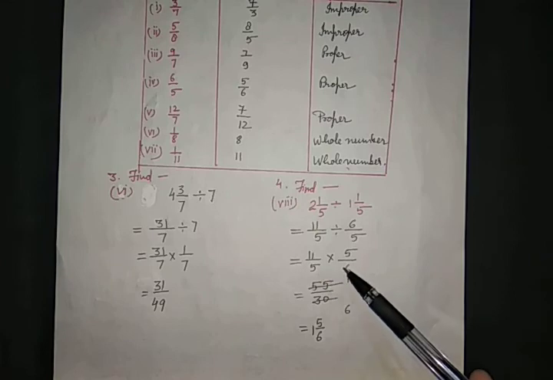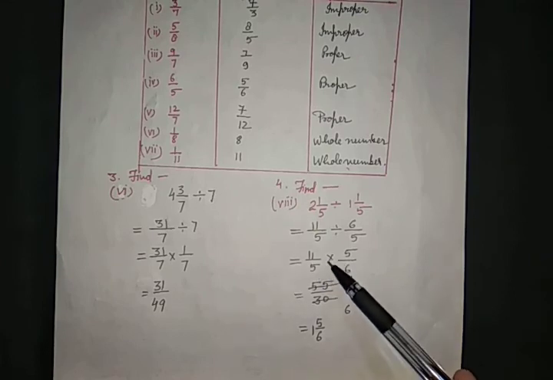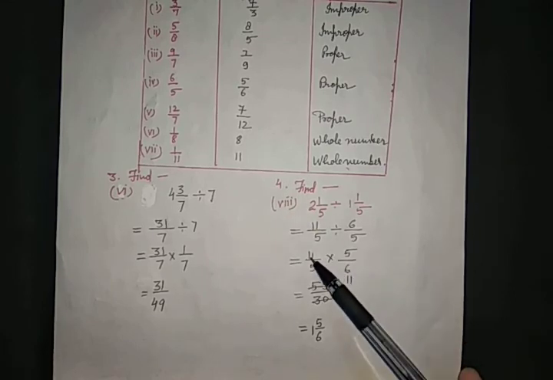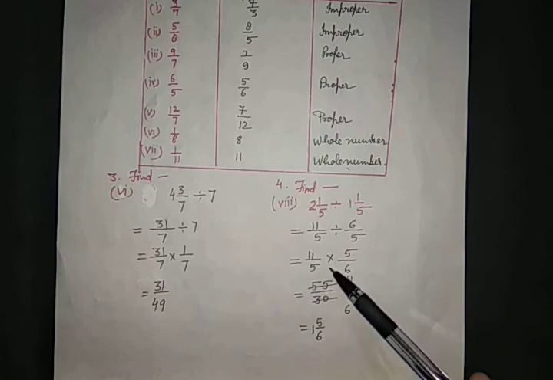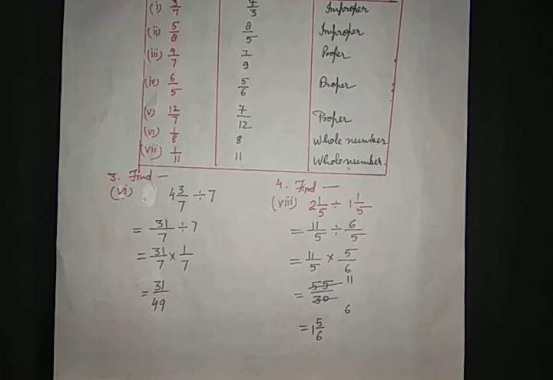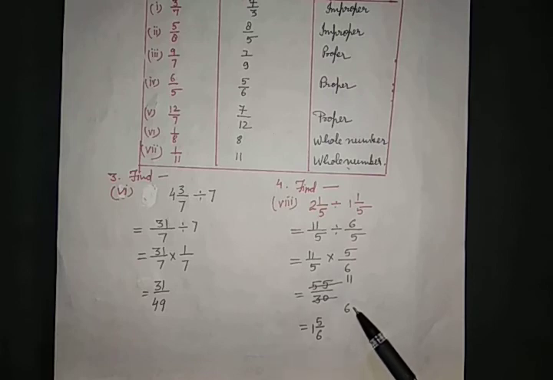Now we can multiply them. 11 upon 5 into 5 upon 6. 11 5s are 55. 5 6s are 30. Now you will see that you can reduce it. So 5 1s are 5, 5 6s are 30. And 11 upon 6 is an improper fraction.